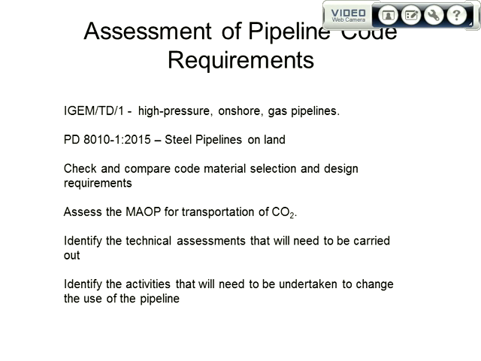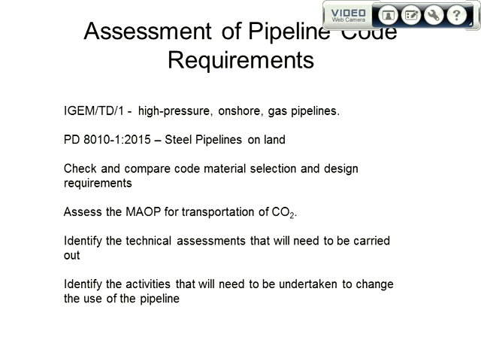Right, okay. So the first thing we've got to do: the pipeline is already in existence, and we've been told it complies with TD1, and once its use has been changed, it's got to comply with PD8010 Part 1. What that means is you've got to go through essentially a design review process. You've got to look at what the TD1 design review would have required, and then compare that with what the 8010 design requires and decide if you've got compliance.